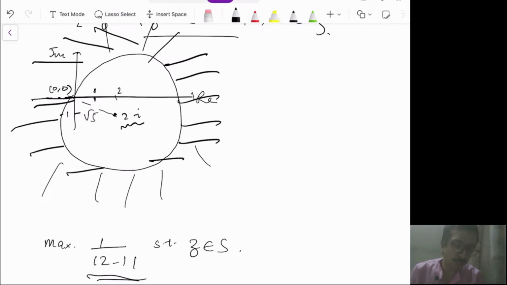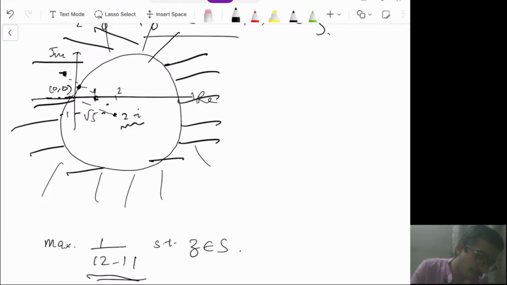The reason is as follows: suppose there is some point which lies outside the circle. If I connect it with 1 comma 0, the line will intersect the circle at some point, and this point of intersection has a smaller distance to 1 comma 0, because it lies directly on the line in between the 2 points. So that distance is going to be lesser.